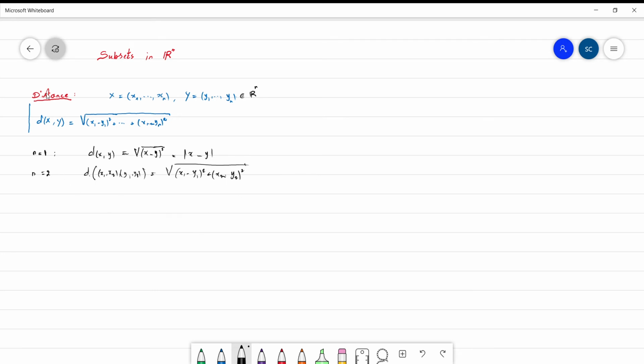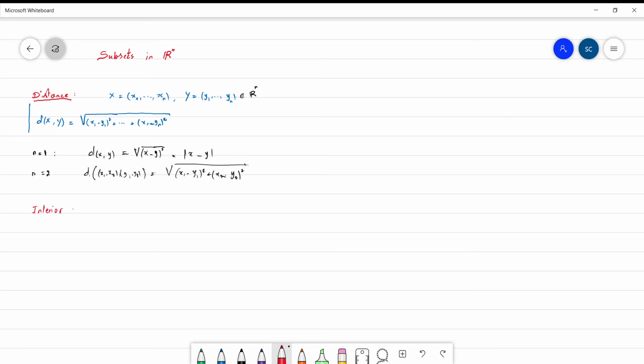The second step: once we have a distance in Rn, we want to characterize the location of particular points in a particular set. We will be interested in points that we call interior points.